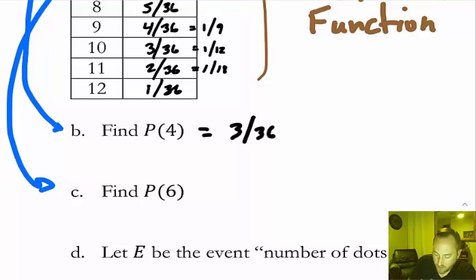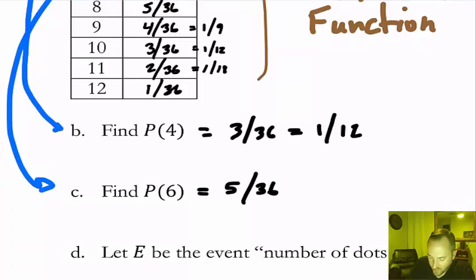And of course that equals the same thing as 1 12th. Next one is 6, and we know we have a count there. If you look at the table, we have 5 of those outcomes where the sum is a 6. That's out of 36, and of course there's no equivalent to that because 5 is not divisible by any of those other factors.